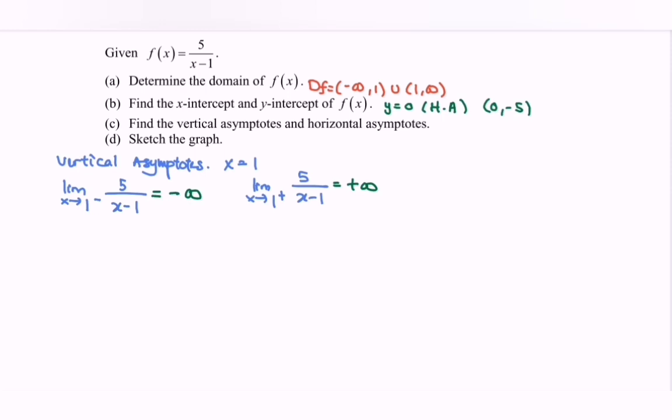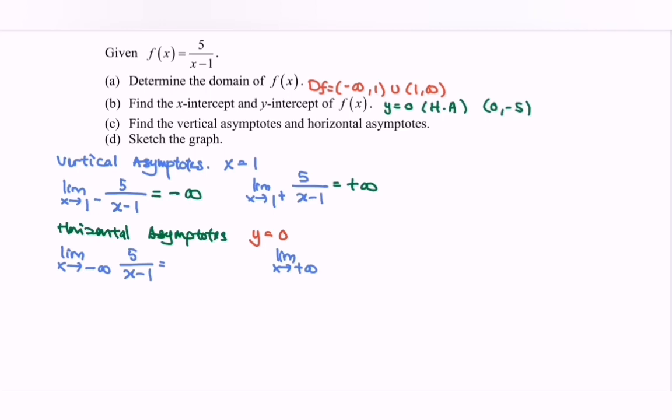Next, we need to determine the horizontal asymptote. As we can see here, we already mentioned that y is equal to 0 will be the horizontal asymptote. So limit when x approaching negative infinity, and another one, limit when x approaching positive infinity, for the function 5 over x minus 1. If we substitute the value, we will have 5 over negative 1000 minus the negative 1.